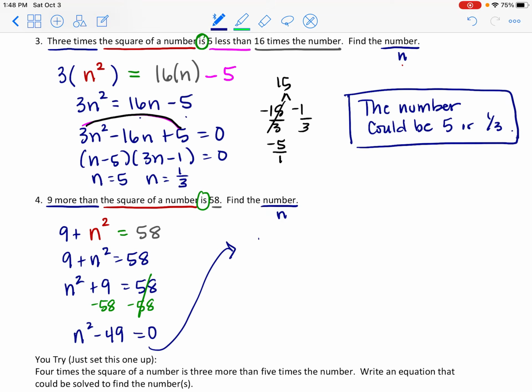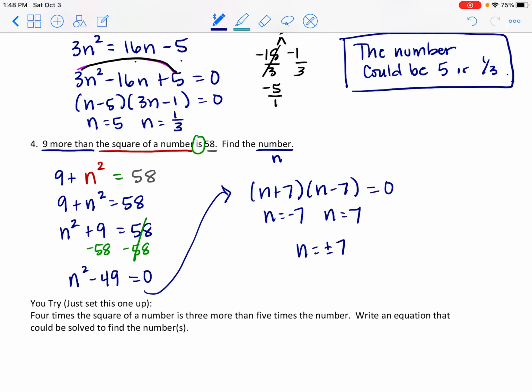So this is going to factor into an n plus 7 and an n minus 7, which means n could be negative 7, n could be positive 7, or n could be plus or minus 7. Now we want to make this an answer to this question, right? It says find the number. Well, these are both numbers. They both count as solutions. So we're going to say our number could be positive or negative 7. The number could be 7 or negative 7.